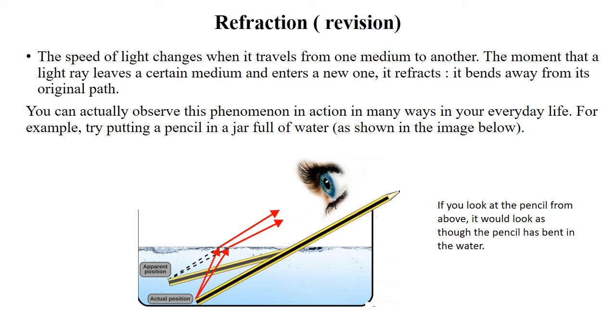You can actually observe this phenomenon in many ways in your everyday life. For example, try putting a pencil in a jar full of water, as shown in the image below. If you look at the pencil from above, it would look as though the pencil has bent in the water. It changes its direction. It looks like this. This is refraction.